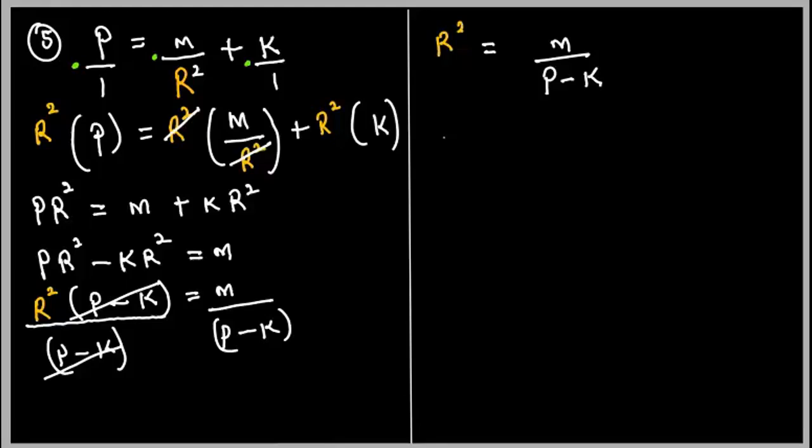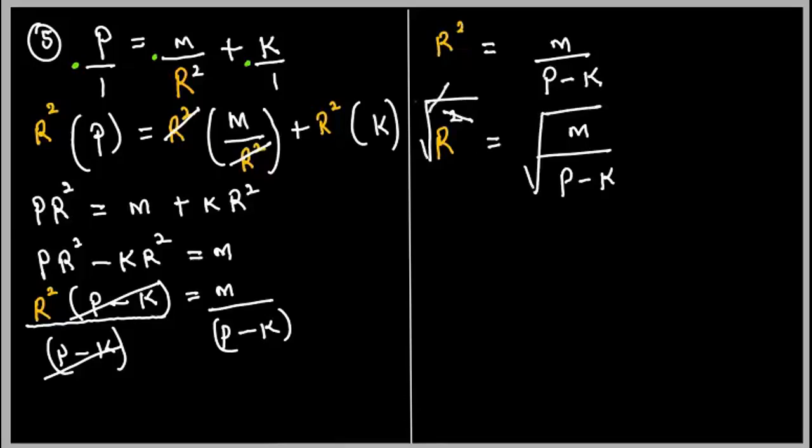To get our r, the square must go out. So, of course, by now you should know what to do here. For me to take out the square, we must square root both sides. The square will cancel the square root.